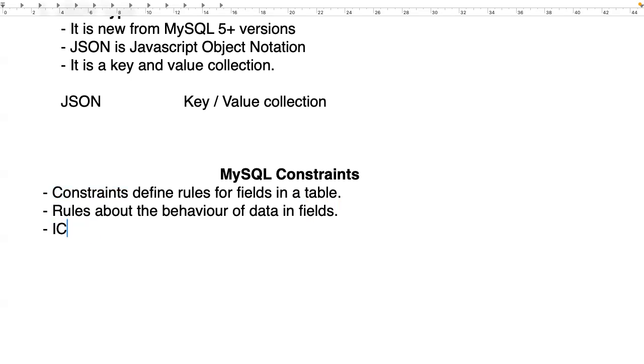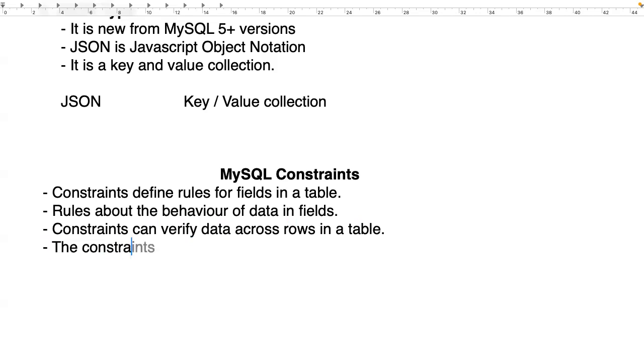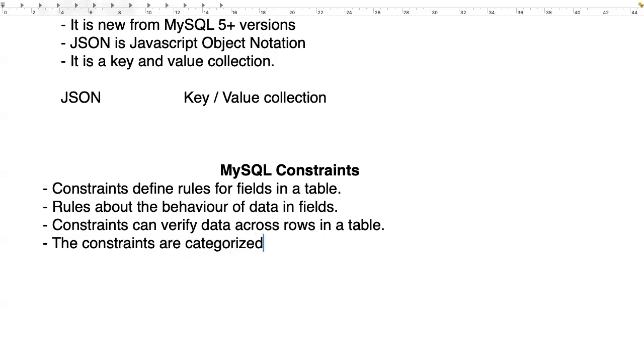A constraint can verify data across rows in a table. So the constraints are categorized into various groups.